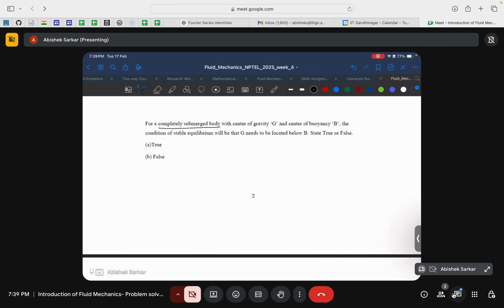I don't think that's very complicated. True, correct. So if you recall, we saw that if the center of gravity is below the center of buoyancy, then this kind of configuration for submerged bodies will generate a restoring couple that would oppose the displacing couple and restore the body back to its equilibrium position.